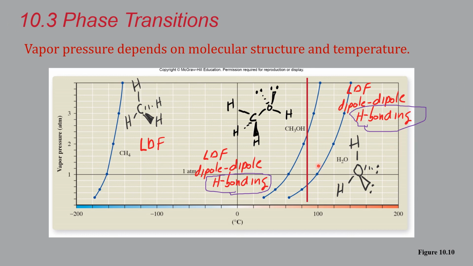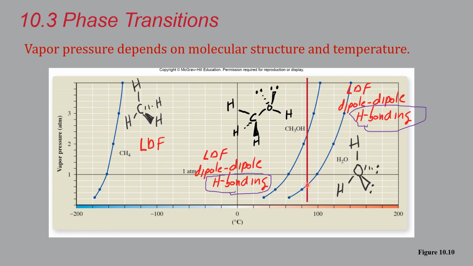Now, in this case, at, I don't know, 85 degrees Celsius, the vapor pressure of water is about, let's say, 0.65 atmospheres. And the vapor pressure of the methanol at that point is going to be about 2.4 atmospheres. So at a particular temperature, you've got a lot more of the methanol molecules in the gas phase than you do of water.